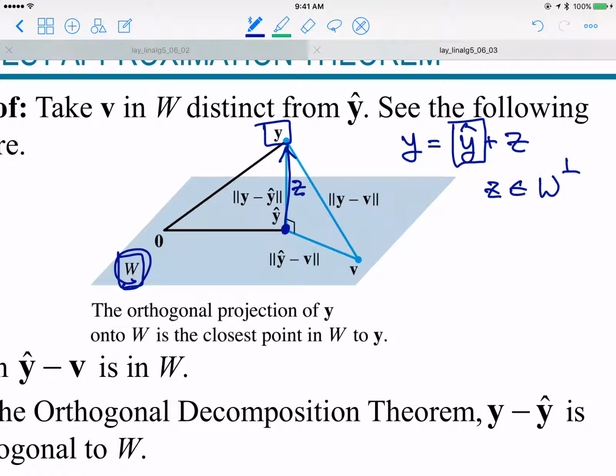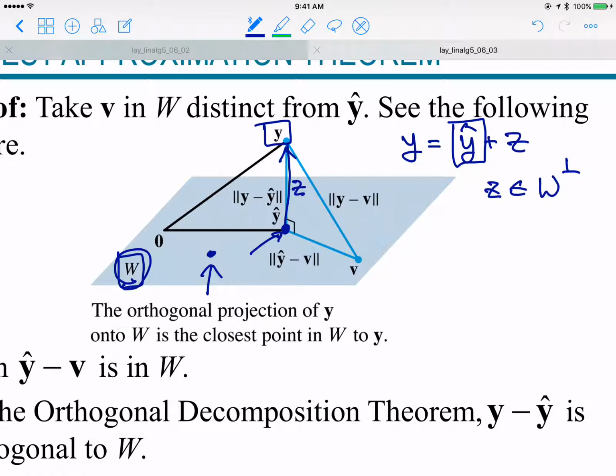You pick one point randomly from your subspace W. It could be this point, or this point, or this point. So we may have this vector, this vector, this vector, and so on.